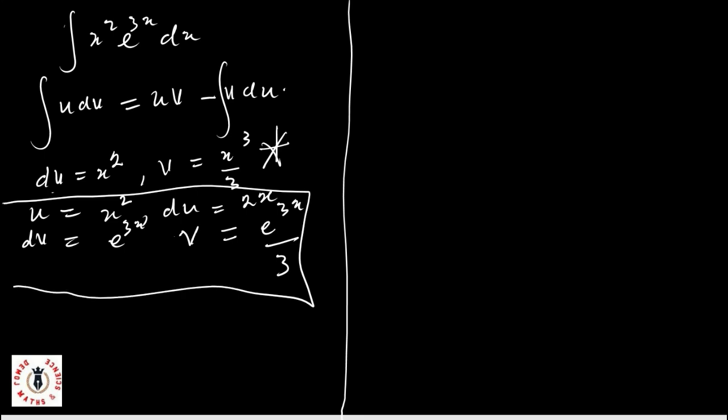This is what we'll be working with, so that I can now repeat my formula and say that the integral of u dv is equal to uv minus the integral of v du.